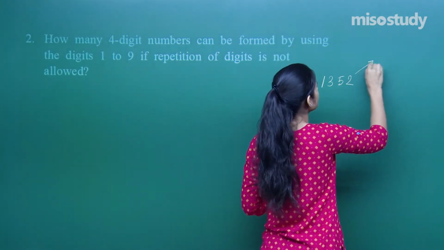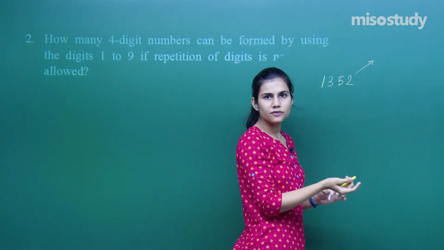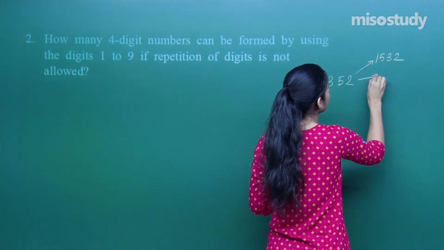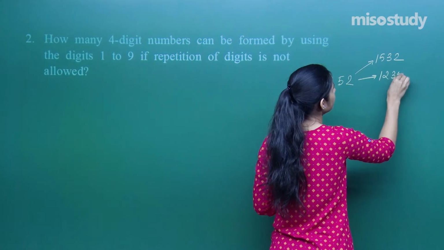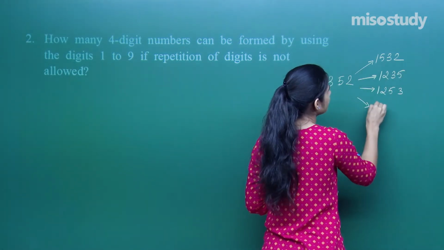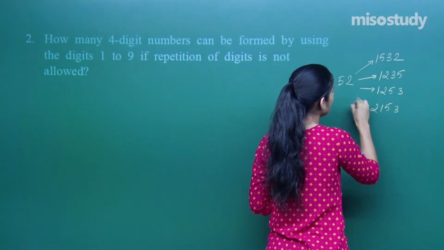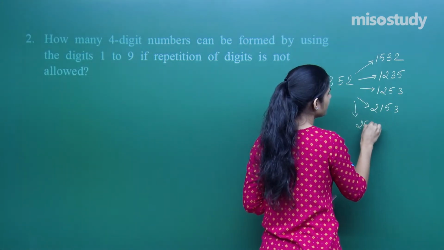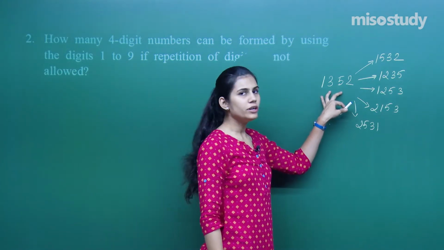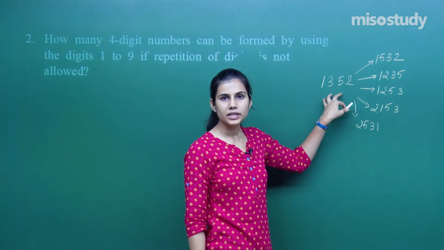One of the 4-digit numbers is 1352, other can be 1532, other can be 1235, or 1253, or it can begin from 2, 2531 and so on. How many 4-digit numbers can you form from these 4 digits?